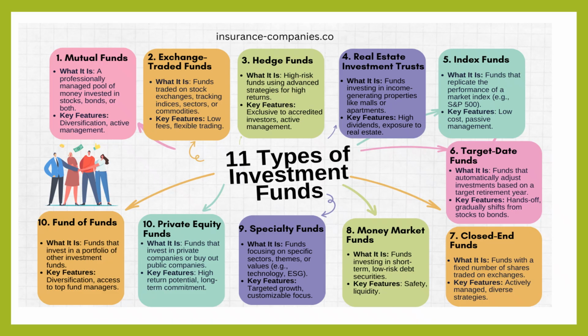Seeing the slide, we can view lots of different categories as types: mutual fund, exchange traded fund, hedge fund, real estate investment trust, index fund, target date fund, closed-ended fund, money market fund, specialty fund, private equity fund, and fund of funds. These are all the 11 types of investment you can see in this slide.